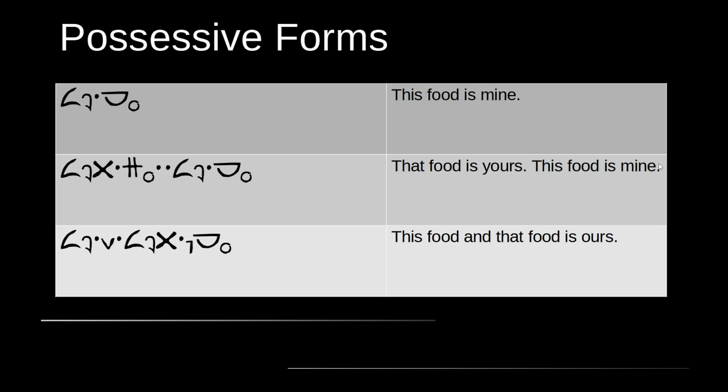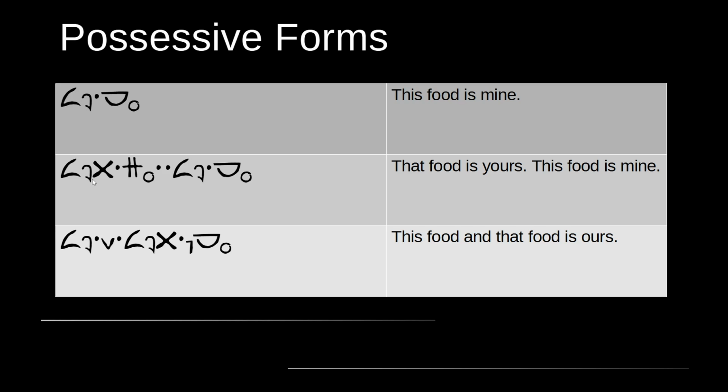That food is yours, this food is mine. So, to say that food is yours, we would say toch se, and then to say this food is mine, again, to we. So, toch means that food. So the ch, this character here, the ch character, means that it is not this. So it is not here, it's over there.